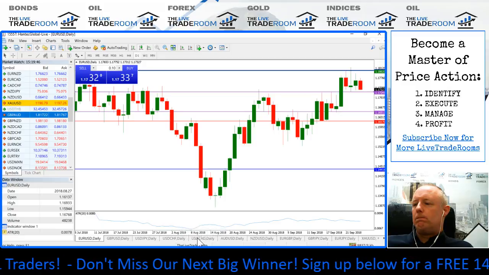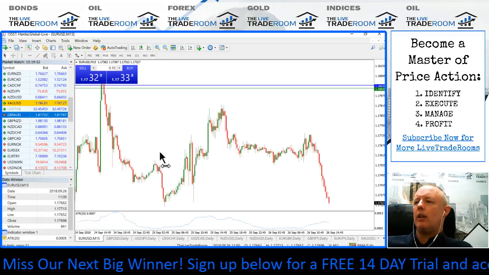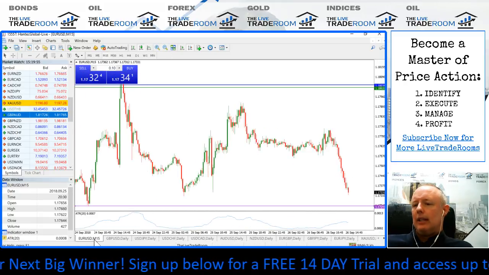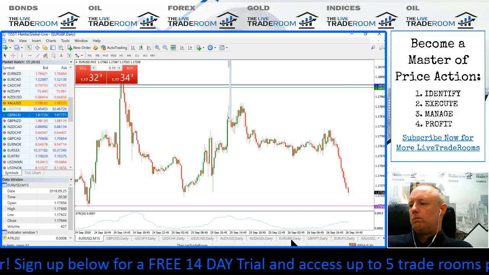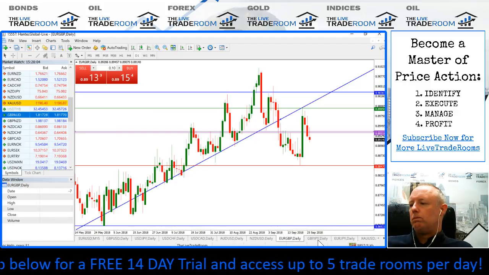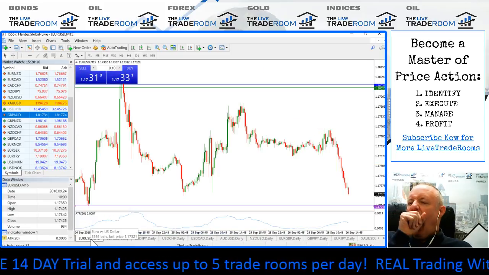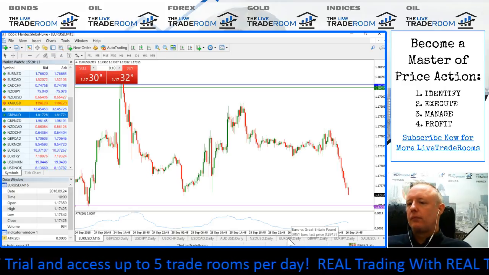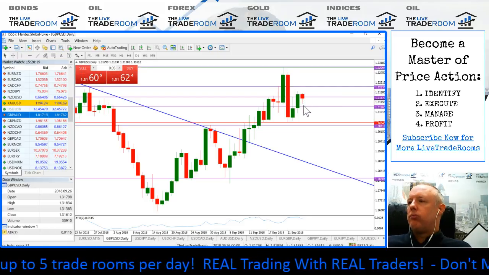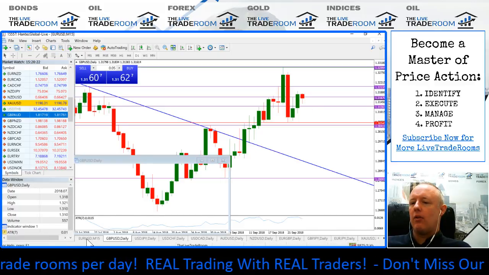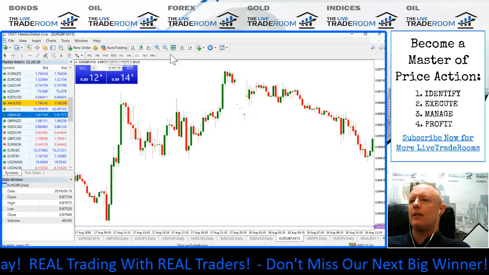So let's go and have a look at this to the downside. So we're getting the really strong run up to this level. So if the pound is strengthening a little bit as the dollar, and the dollar is quite strong against the euro, so actually it might be worth looking at the euro pound.